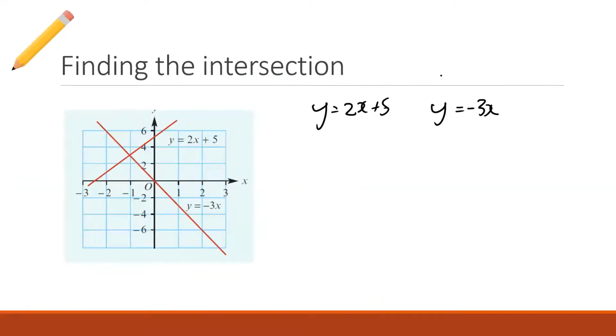Here's a solution to y equals negative 3x: 0, 0. Here's another solution to y equals negative 3x: 1, negative 3. Here's another solution, 2, negative 6. These are all of the solutions to y equals negative 3x.